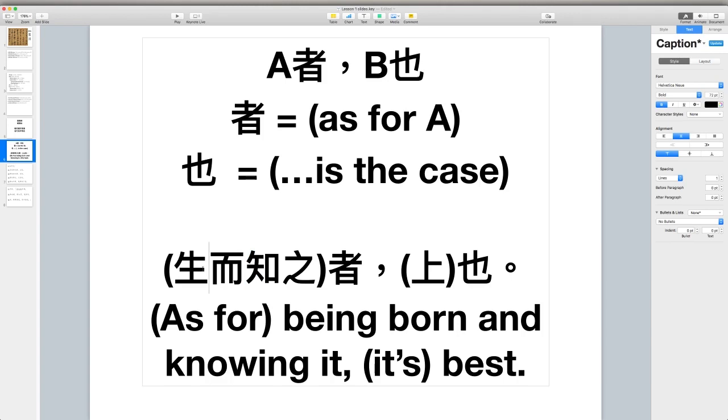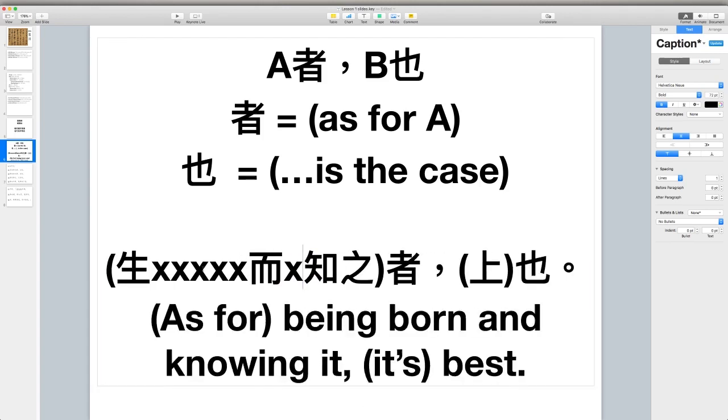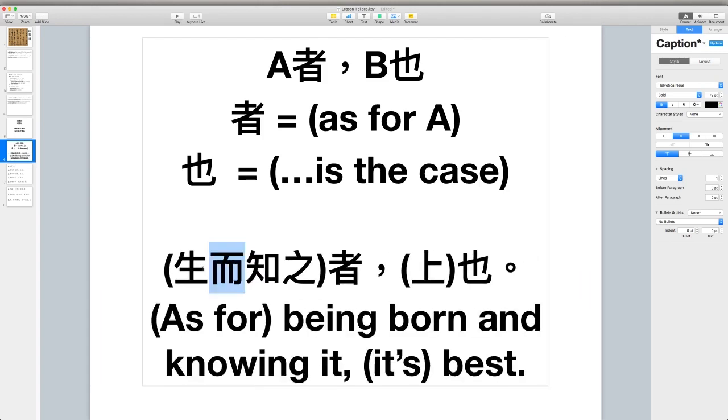So you could have stuff in between and then like this, right? But seeing this character means you need to look for the 2 verbs that it's marking coordination between. And what type of coordination, it really depends on context. So it's not something that the character makes explicit.